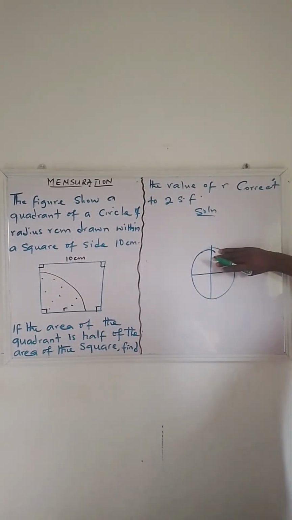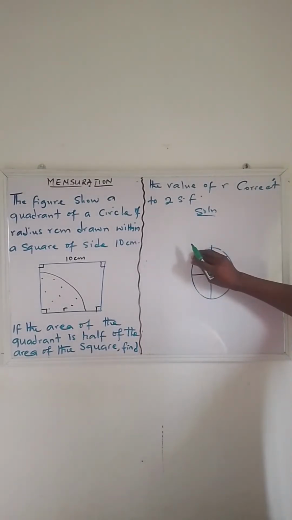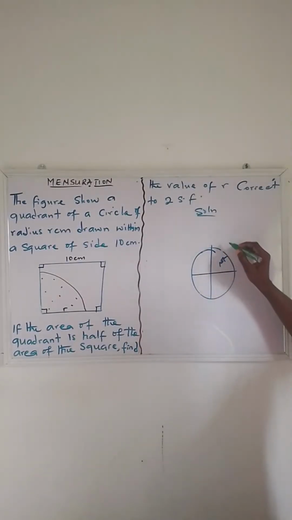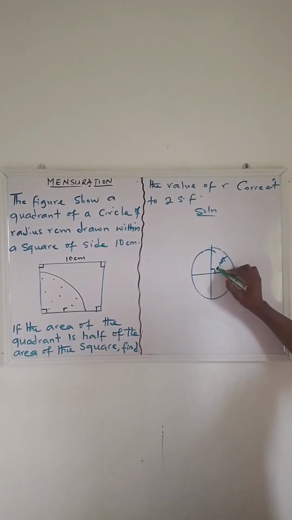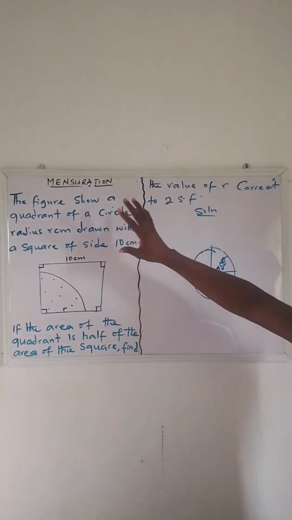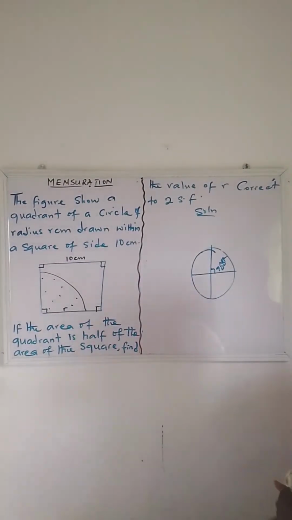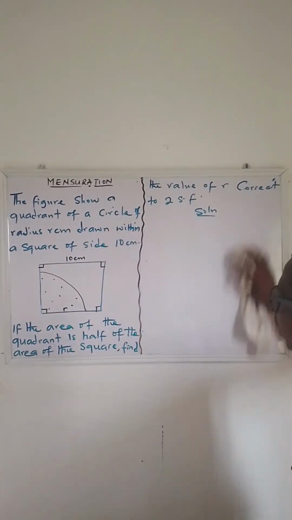We call this the first quadrant. This is the second quadrant, third quadrant, fourth quadrant. So the angle in a quadrant is 90 degrees, right? That will help me to answer this question. So we now know what a quadrant is. Once you know that, you should not have much problem.